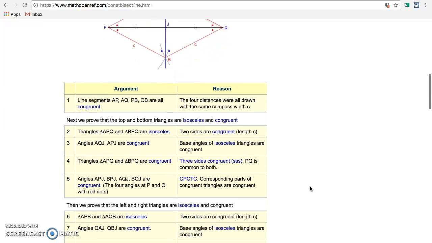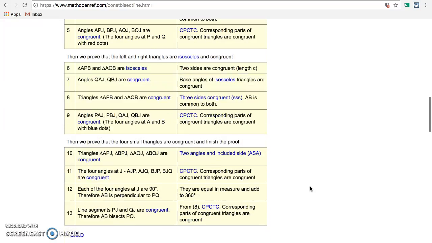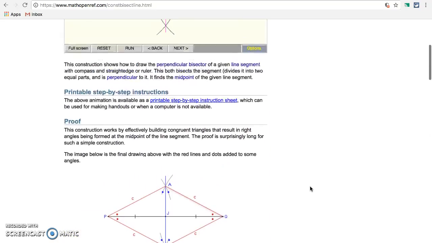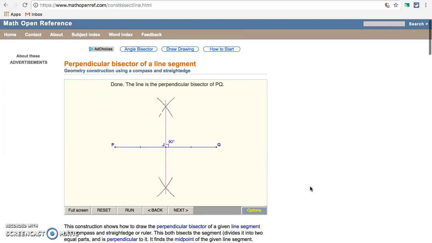And then you can scroll down in this, and it gives you some reasons and rationales through some proofs to exactly why the construction that just took place is the perpendicular bisector of the segment.